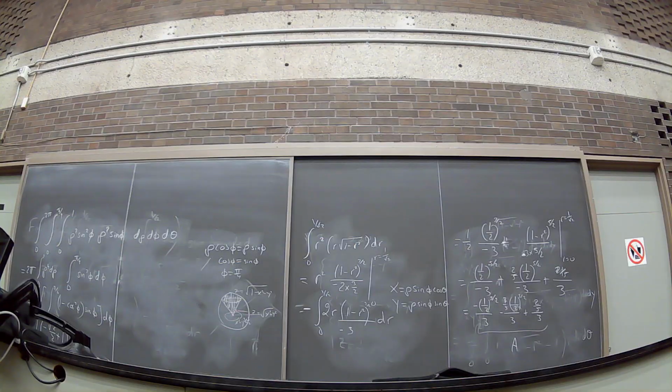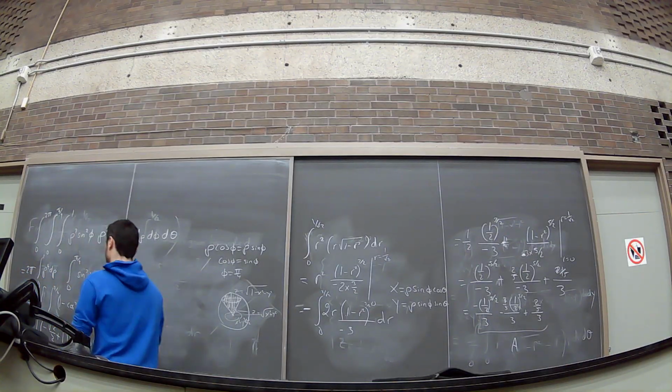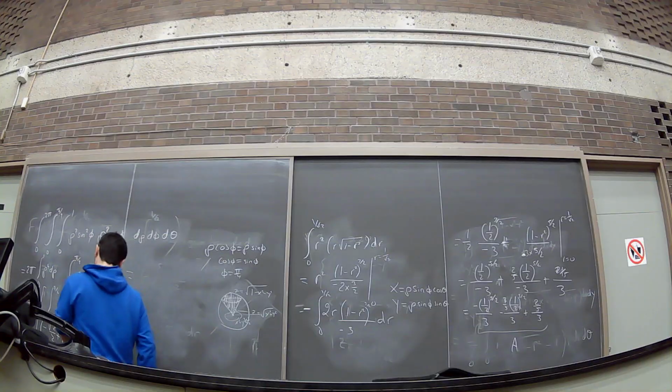Now we have to integrate cos squared phi sine phi d phi.